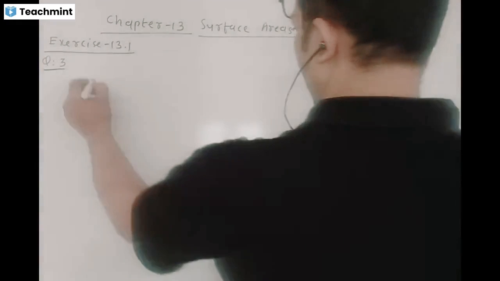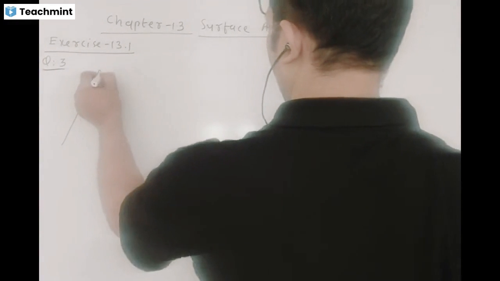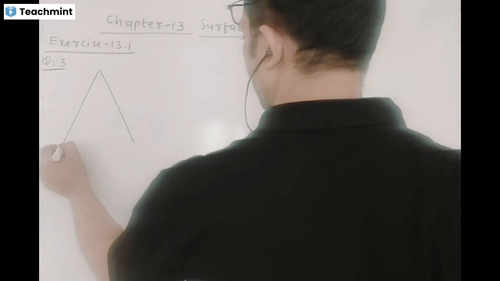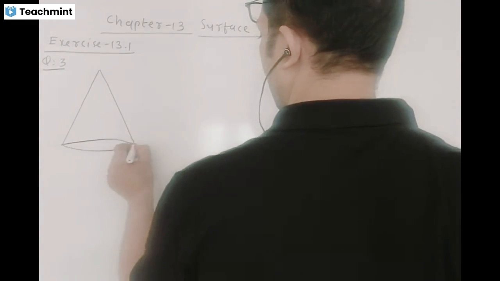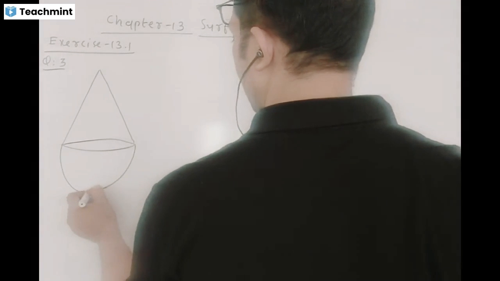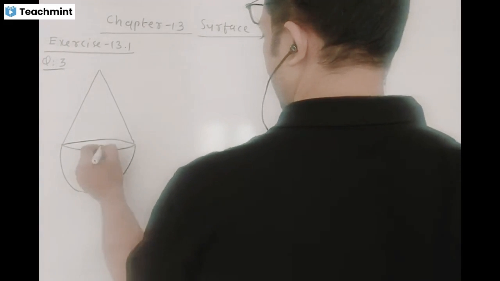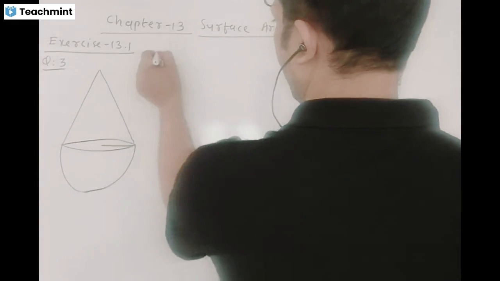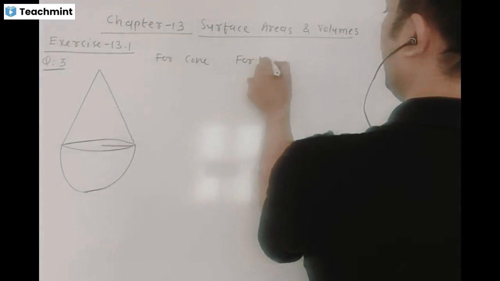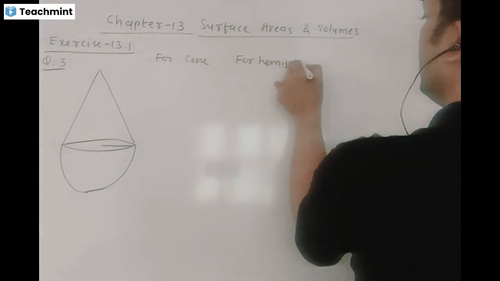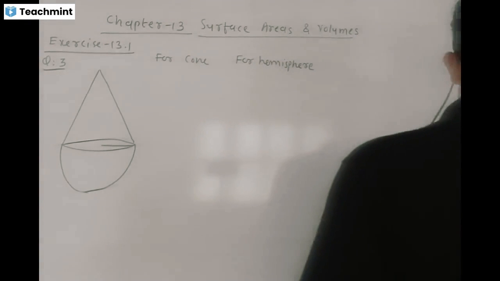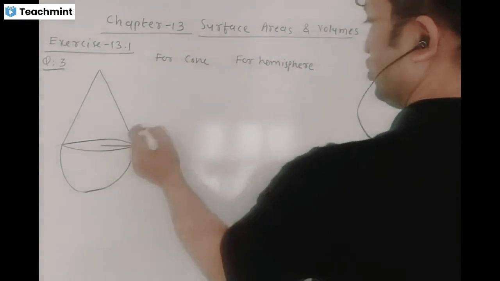A toy is in the form of a cone mounted on a hemisphere of the same radius. For the cone and the hemisphere, the same radius is equal to 3.5.